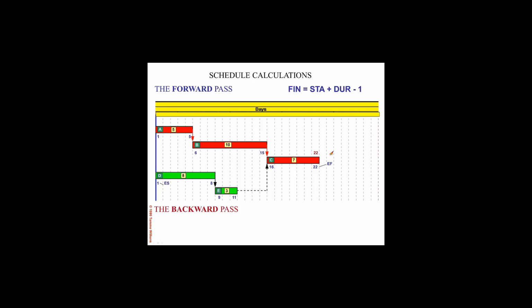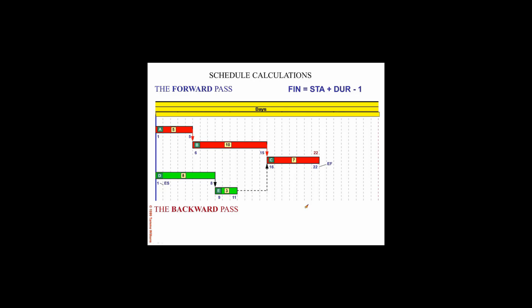In that case, C would slide further to the right until it bumped into the finish date, which is now specified rather than using the default from the forward pass. Now, if activity C would finish on day 24, then all these other dates would be affected accordingly. But we will continue our presentation and calculation using the default project finish date.